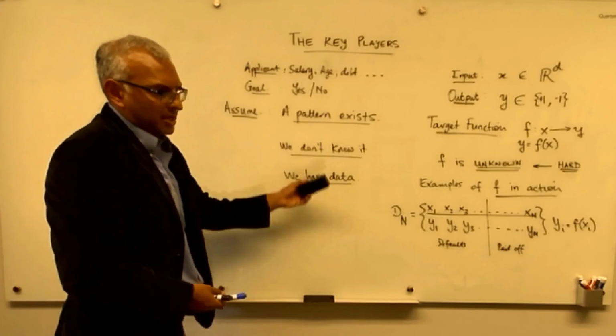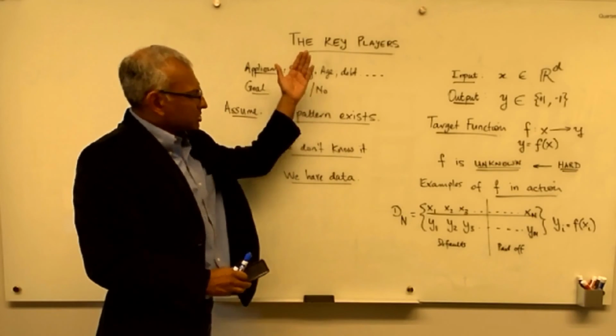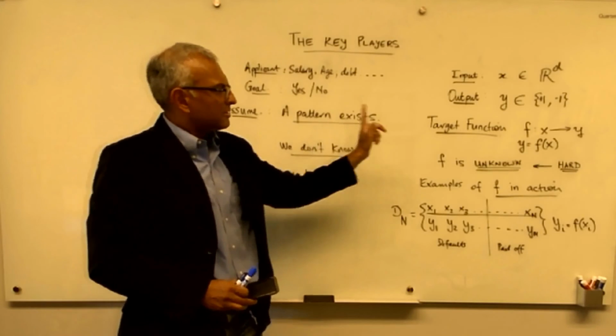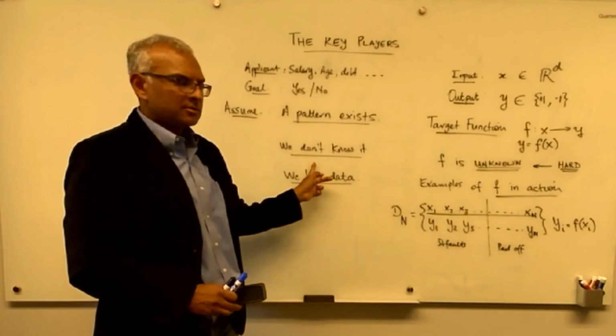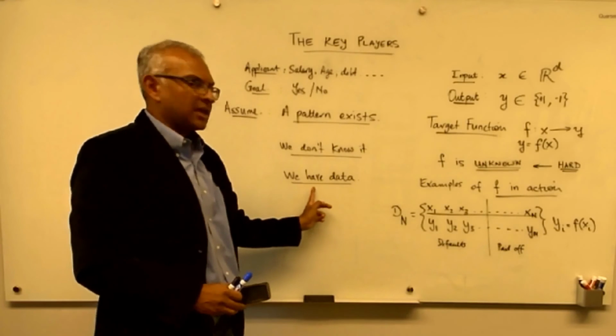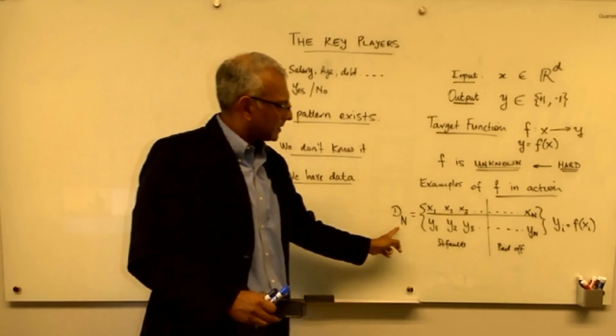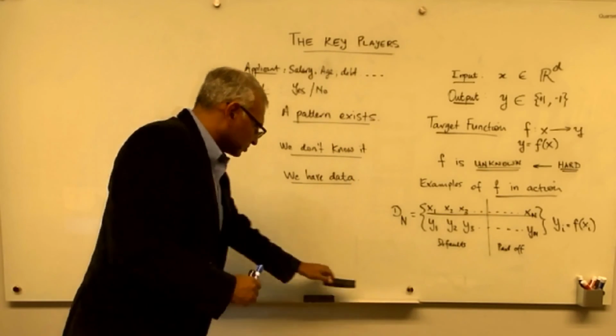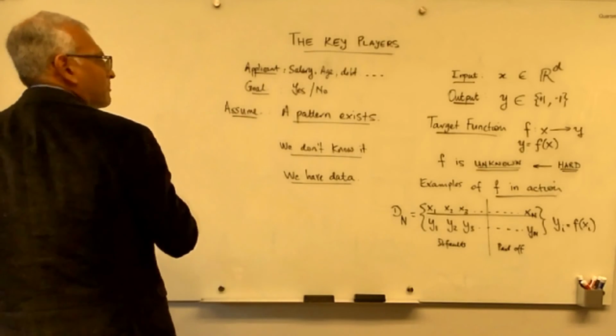So this is the setup where we say that machine learning is relevant. A pattern exists, f, we don't know it, f is unknown, we have data. Okay. Data set x1 to xn. So let's put this in some kind of a box.